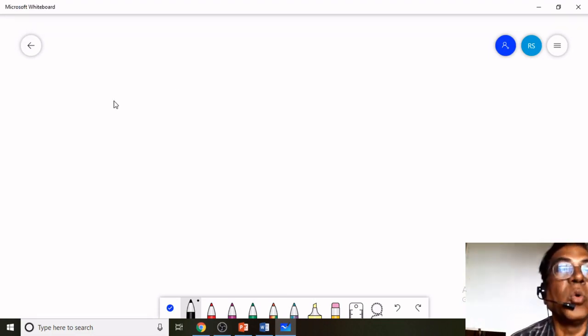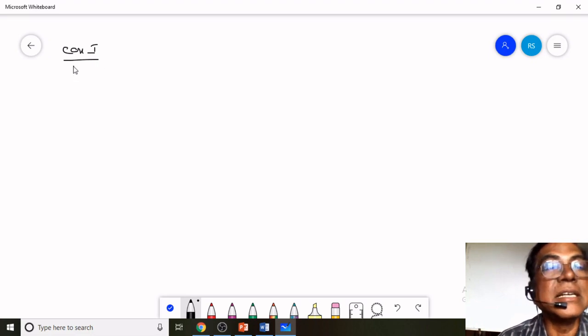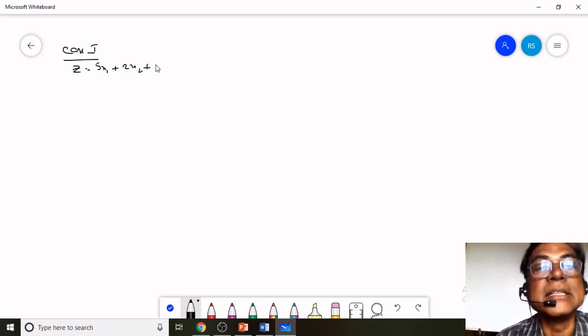Case one: if the problem is given like this, z is equal to 5x1 plus 2x2 plus 3x3, subject to constraints x1 plus 2x2 plus 5x3 less than or equal to 10.